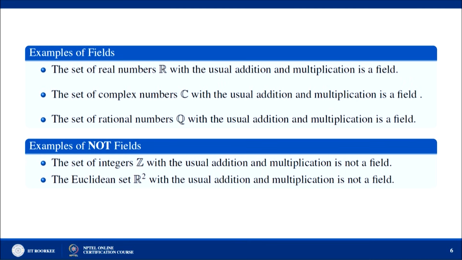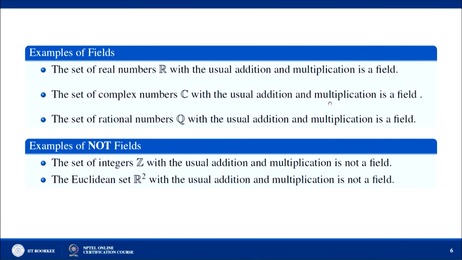Now, you see the set of complex numbers. Usual addition and usual multiplication, again the two binary operations are usual addition, usual multiplication. The set of complex numbers under usual addition constitutes an abelian group.